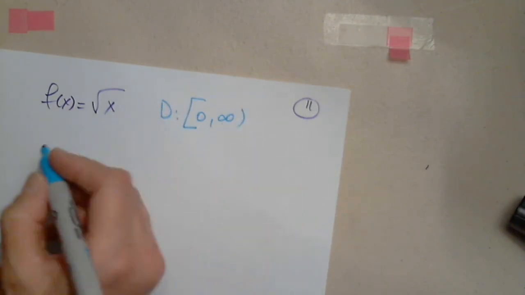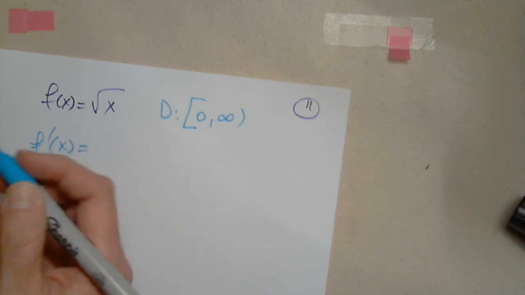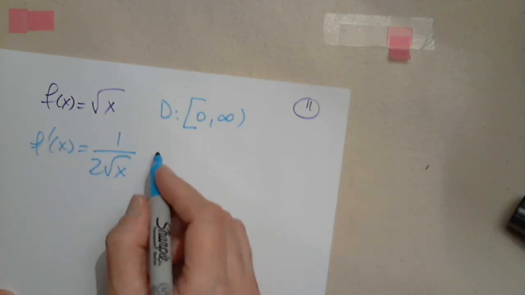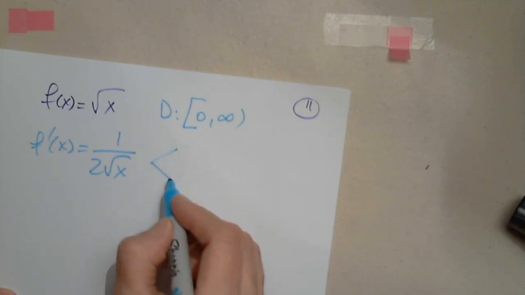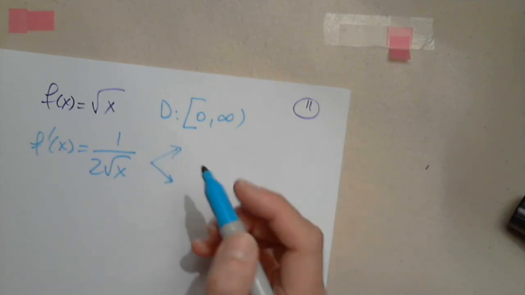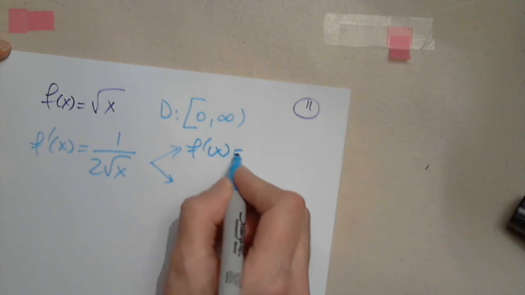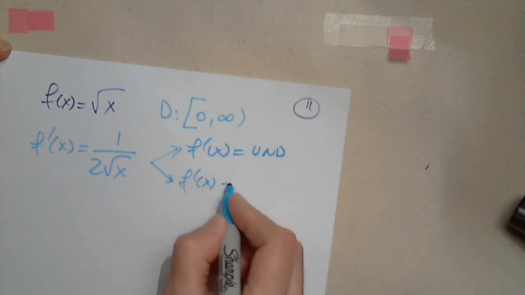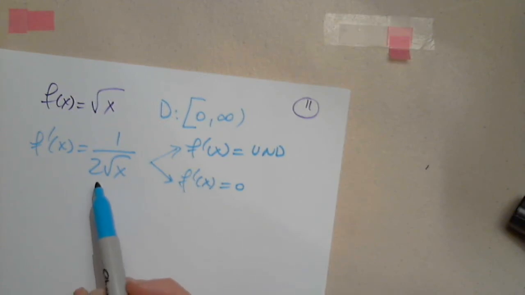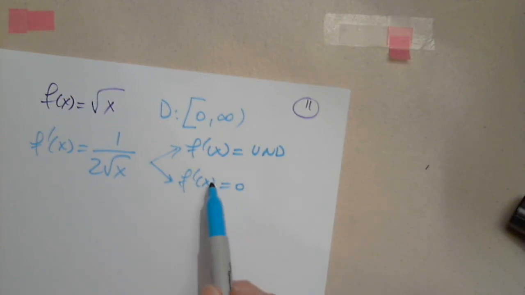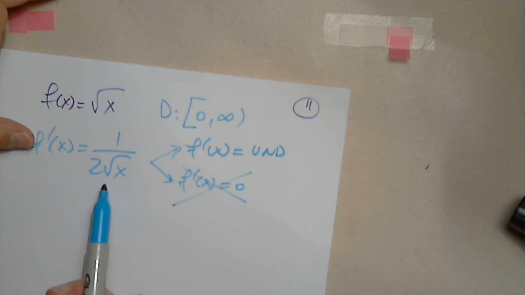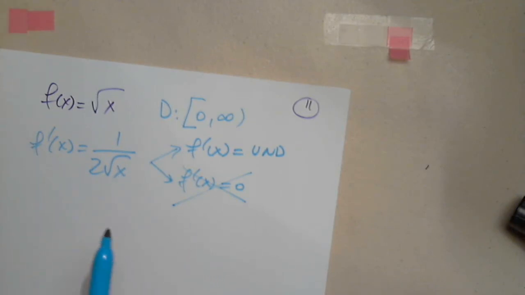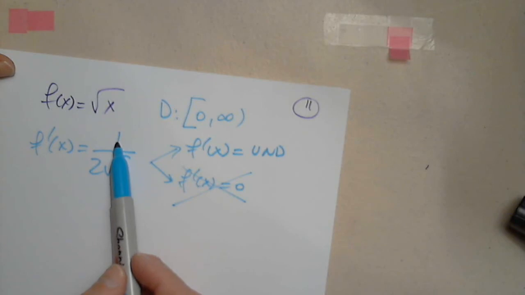When we find f prime, it's 1 over 2 square root of x. I know critical numbers come from f prime of x being undefined where the function is defined, and f prime of x being 0. But this is clearly never the case for this function. Where is f prime 0? Never, because the numerator is never 0.